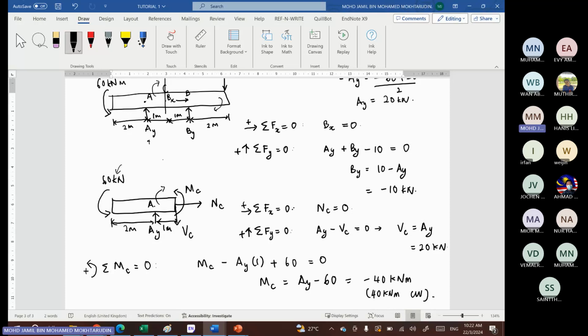So counterclockwise kita define sebagai positif. So kalau dapat negatif dia jadi clockwise lah sebenarnya. Okey tak? Okey doktor. So you can either say negative 40 kilonewton meter ataupun 40 kilonewton meter clockwise.